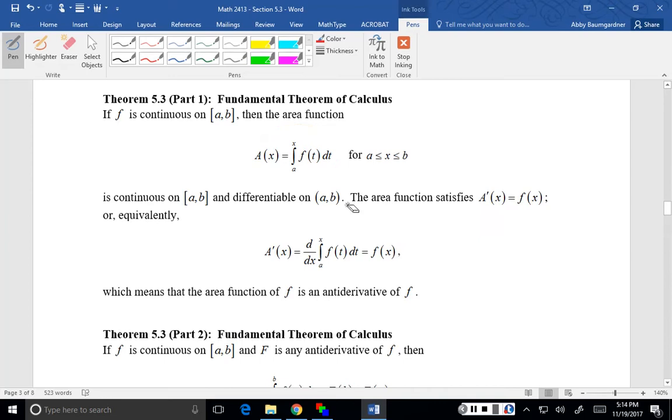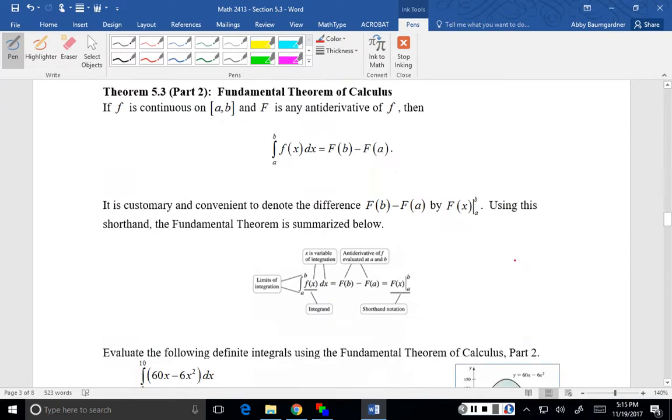All right, well, how does that help us? We'll come back to part 1, right? Part 2, I think, is a little bit easier to understand, and we'll use it to maybe help us understand what's going on with part 1. All right, part 2, the fundamental theorem of calculus, says if f is continuous on a closed interval and cap F is an antiderivative of the integrand, then we should be able to do this.